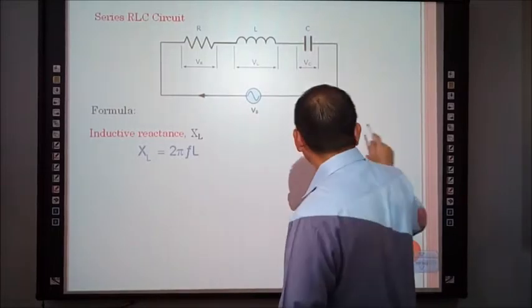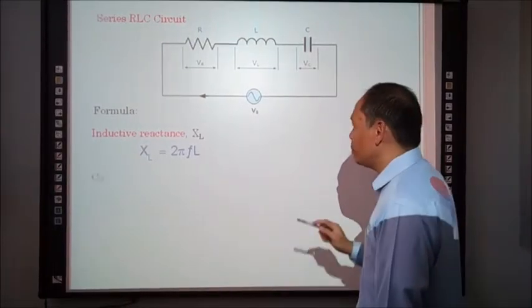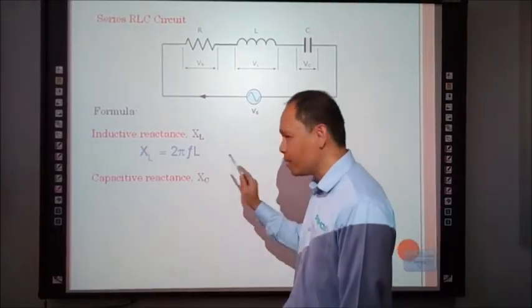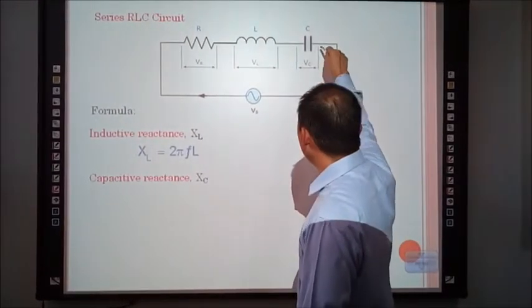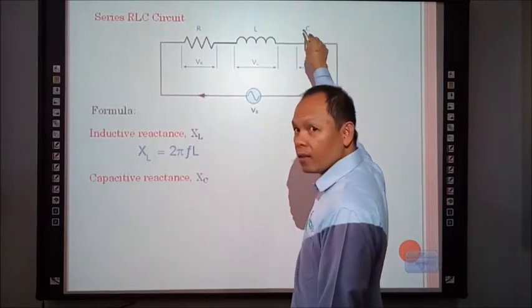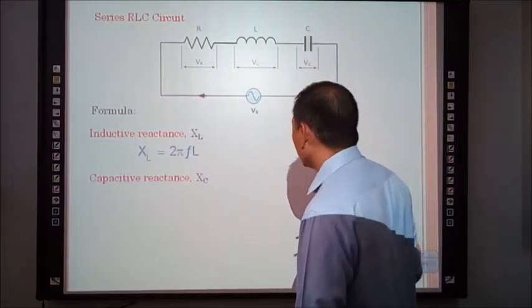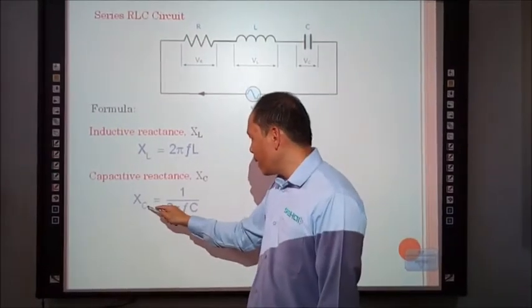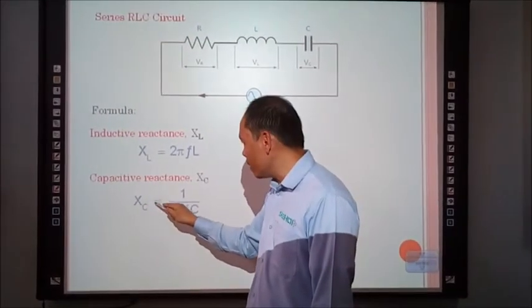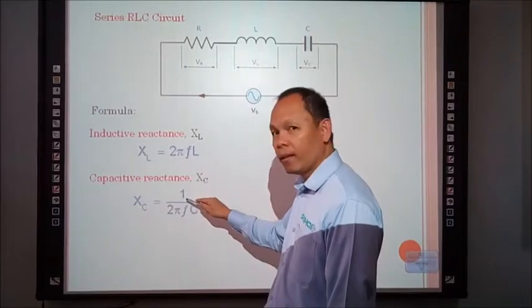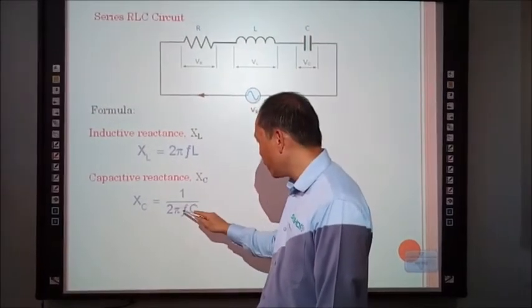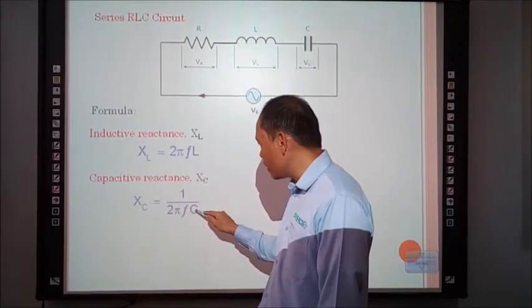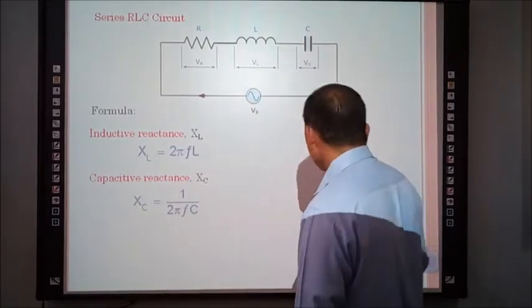Next, you have to solve for the capacitive reactance, which is XC. The formula is XC is equal to 1 over 2 times pi times F times C.